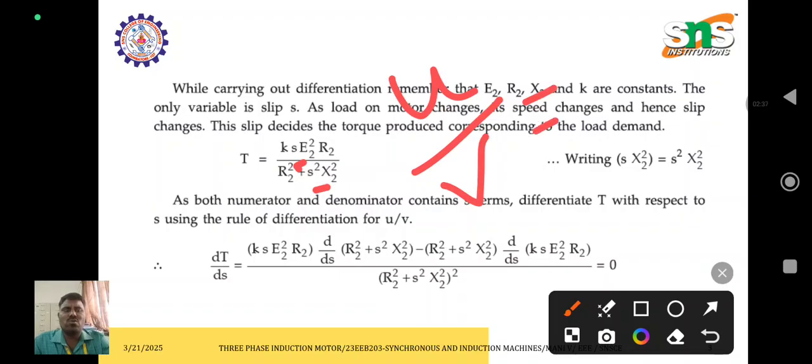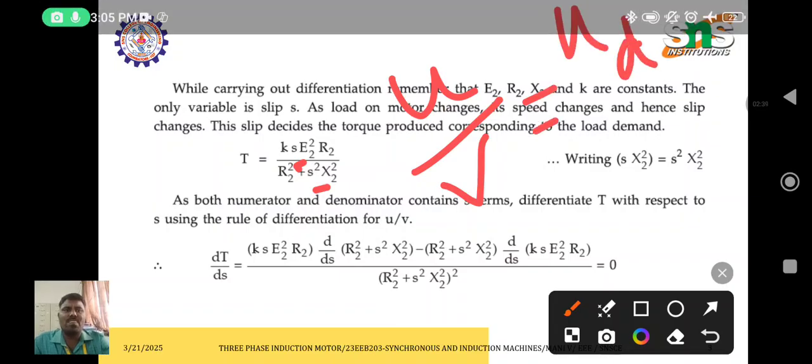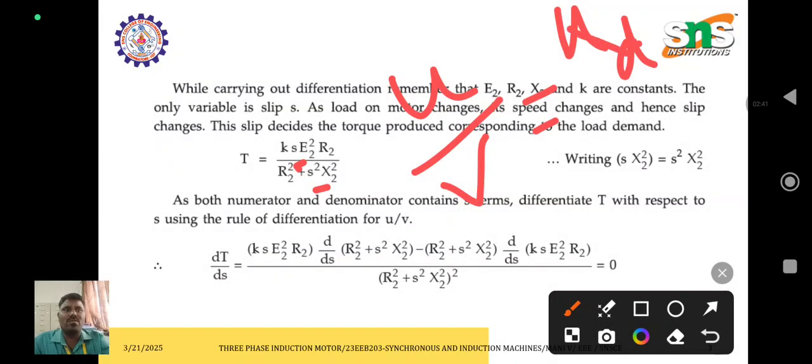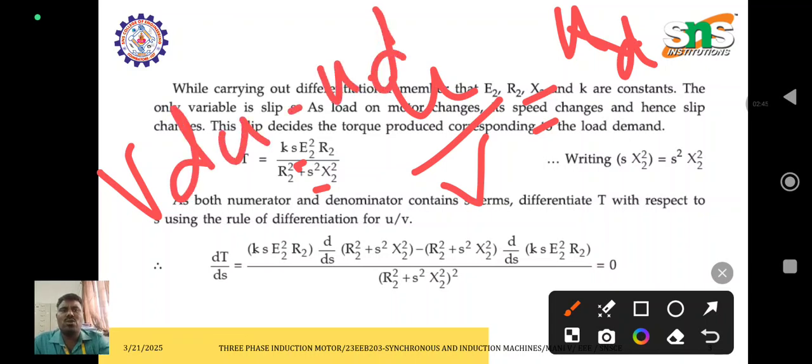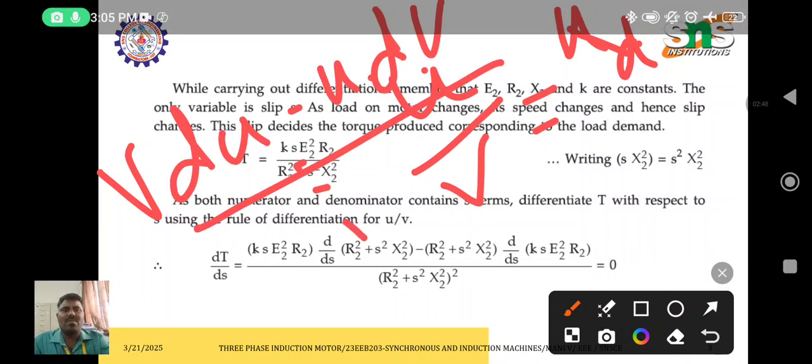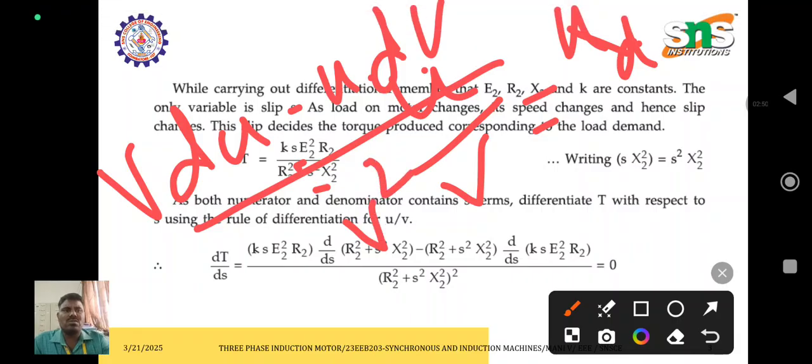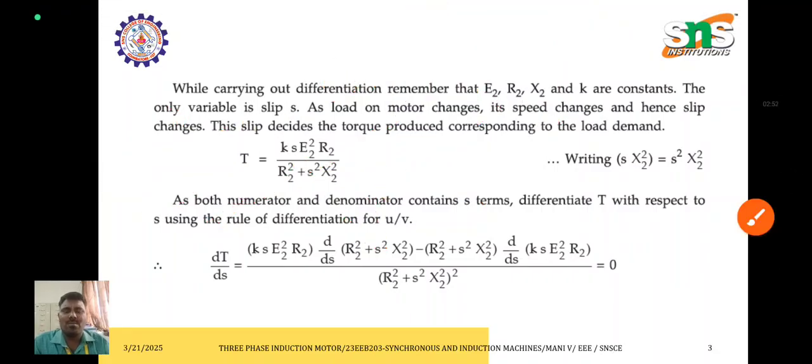That is V du minus U dV, divided by V square. So this is the differentiation formula based on U by V. We have to differentiate the torque equation with respect to S, which is equal to 0.